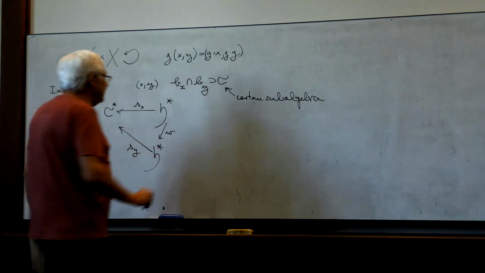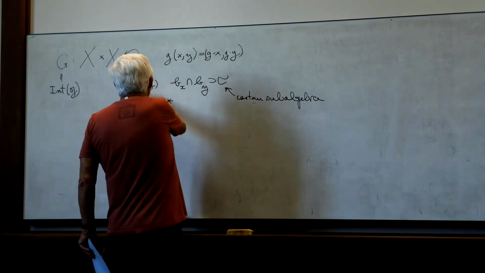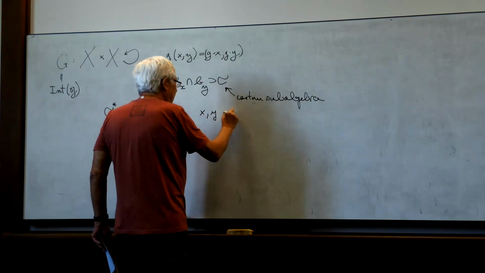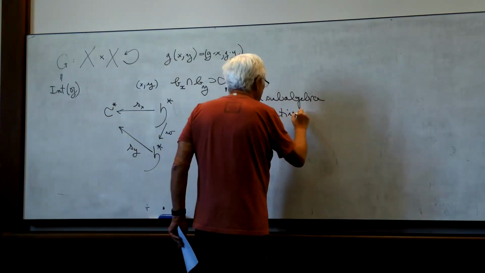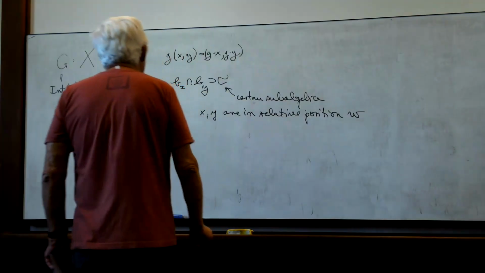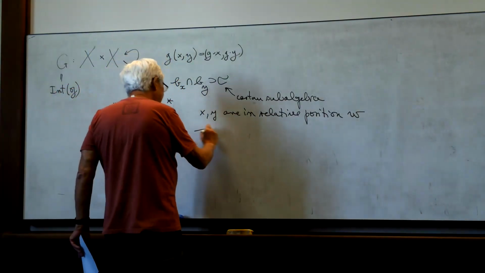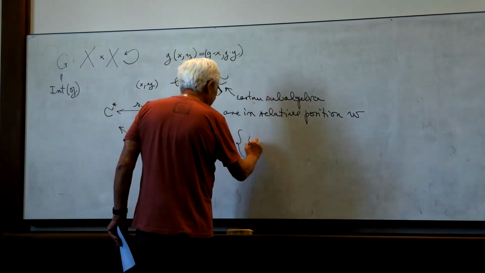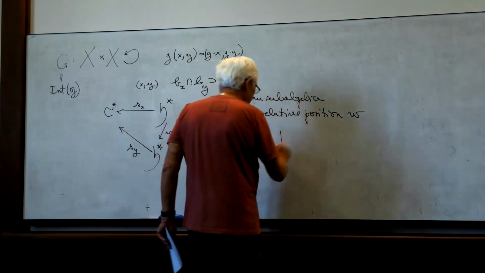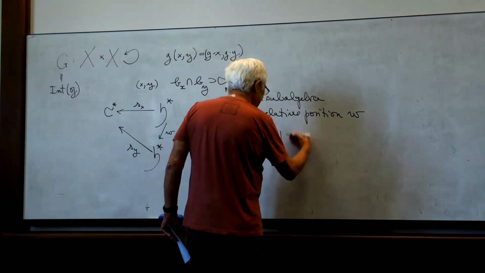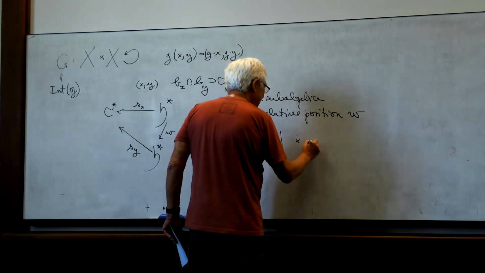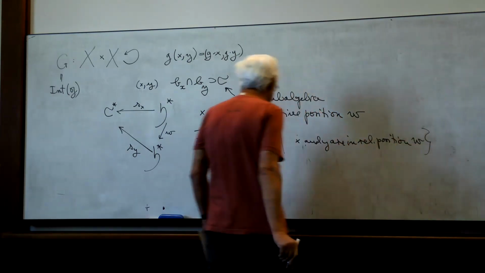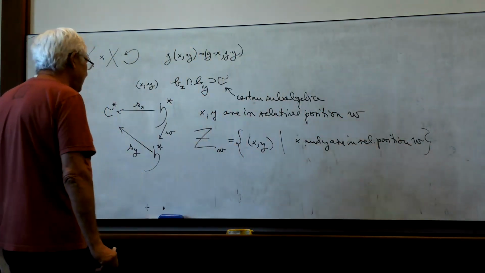So we have some value here. And in this case, if this pair determines some W, we say that X and Y are in relative position W. And let CW be the set of all pairs X, Y where X and Y are in relative position W. This is the first part of the exercise.